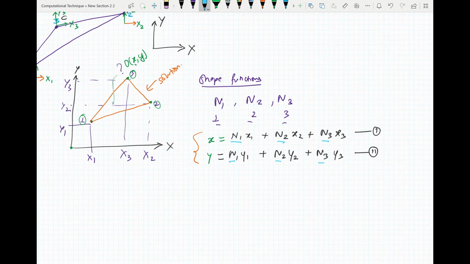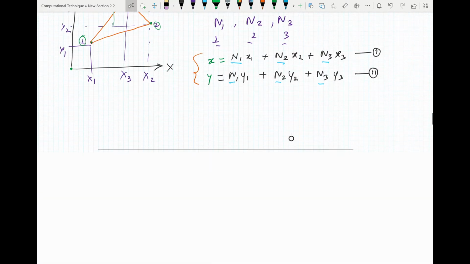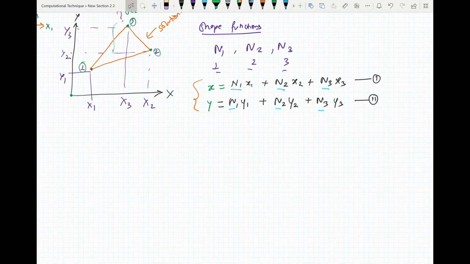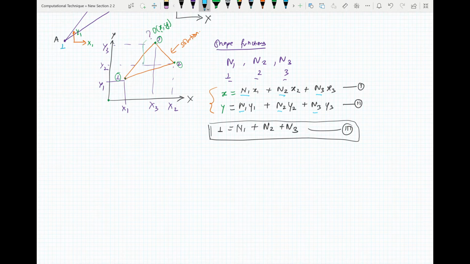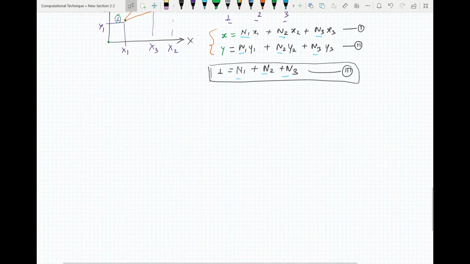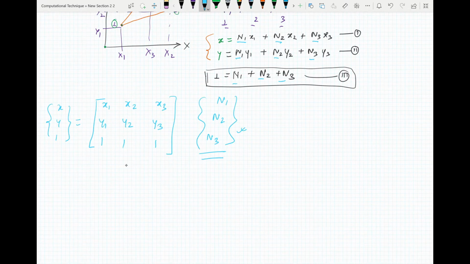Now the final equation can be obtained by using the property of the shape functions. The property is that n1 plus n2 plus n3 equals 1. This is our third equation. This is the property of the shape functions, that they all add up to 1. Now we have 3 equations and 3 unknowns. If you write this in matrix form, to find this one we have to take this to this side.